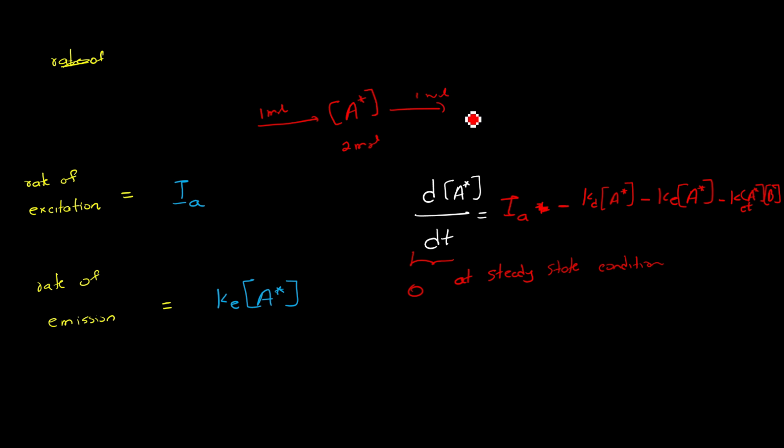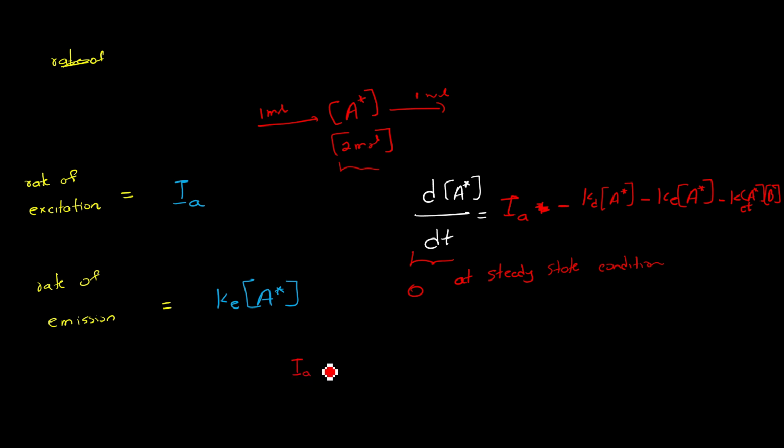So if I ask what's the net rate of formation of A star, it's 0, because 1 mole is forming and 1 mole is diminishing. So over time, the 2 moles of A star stay constant. There's no net change in A star, so this derivative term is going to be 0. So I can derive the expression based on that.